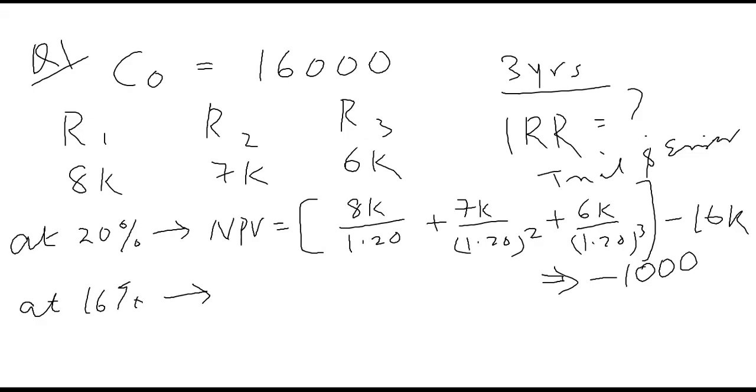I repeat, in the first case you got an NPV of minus 1,000, a negative. So you have to lower the value. Suppose now I have given you 16%. Tell me the NPV at 16%.